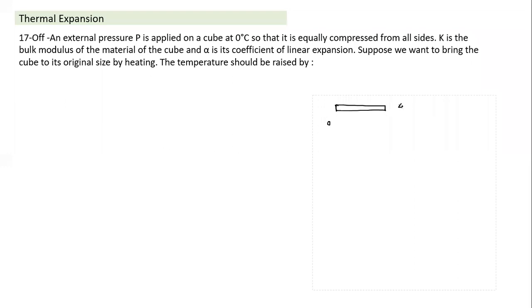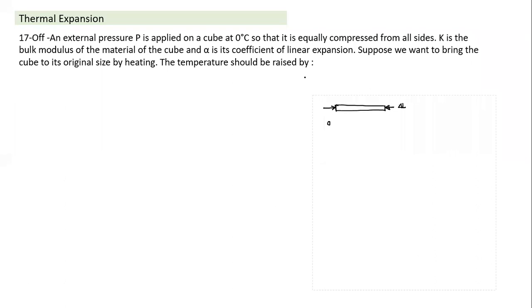If we increase the temperature, the linear dimension changes. If the linear dimension is not allowed to change, it will exert a force. So the change in dimension produced by the change in temperature and by the force must be equal and opposite. This is very similar here.